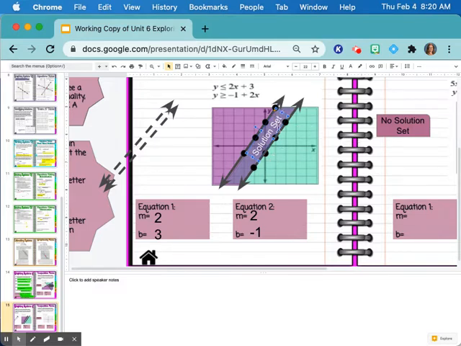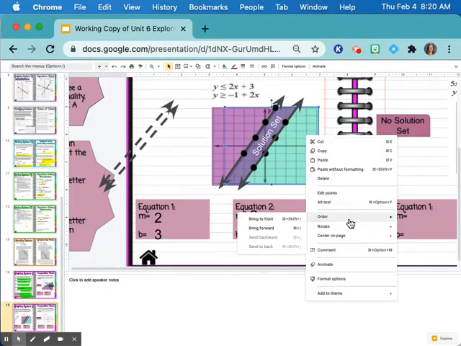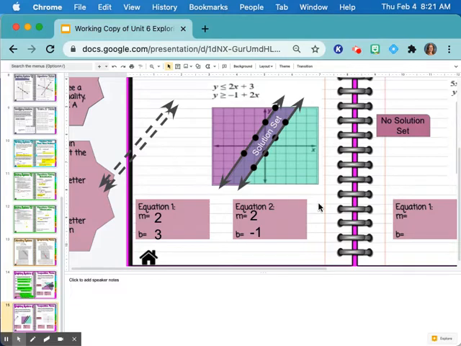Just as long as you know in between the two lines is your solution set. You might have to send these others to the back because once you put it over here, you can't move it. So if you select the transparent or the shading part, right click and go order, and you can send it to back or bring it to front. So it's just some little formatting things that you got to do.